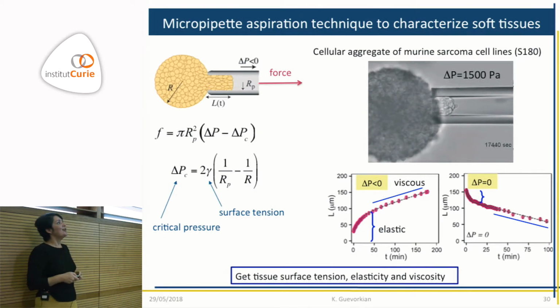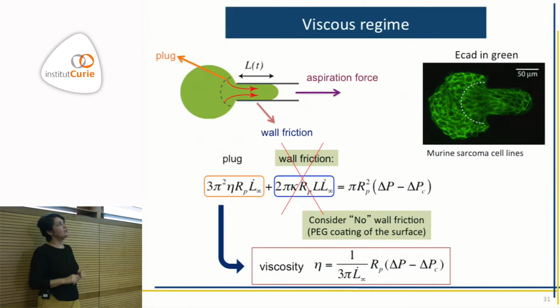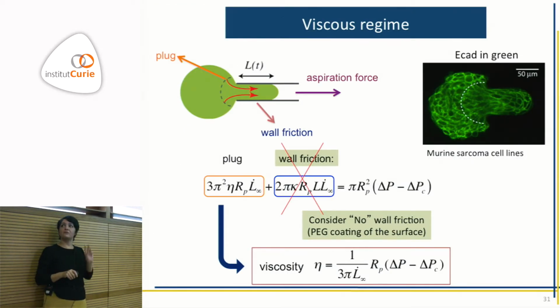Okay, so just concentrating on the viscous part, your viscosity will have two terms, because you have this aggregate entering the pipette. There is a kind of plug at this port side that you can see here, the deformation of your tissue, given by this equation. Eta is the viscosity, and L dot is the speed of your advancement inside the pipette. The second term is the friction with the wall.